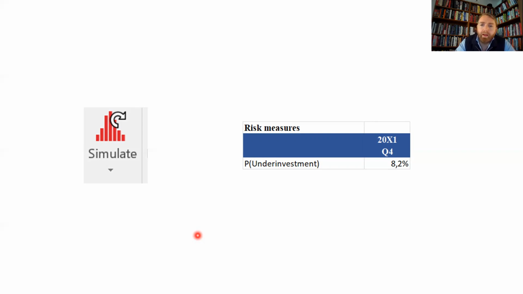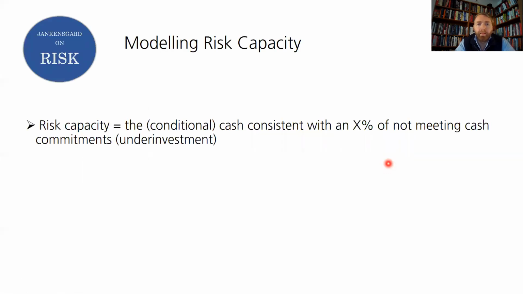It turns out that with this configuration of inputs, there's an 8.2% probability of underinvestment. That is what the model indicates. Out of these 10,000 scenarios that we run, in some 800 of them, the shortfalls will be such that you are actually exceeding your constraint, implying that there has to be a cutback in capex.